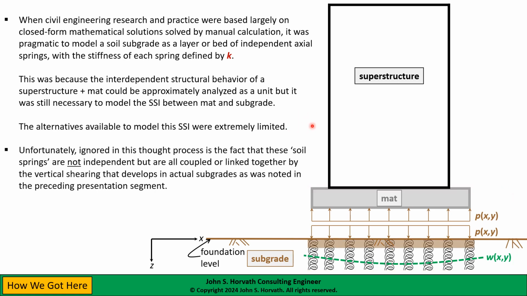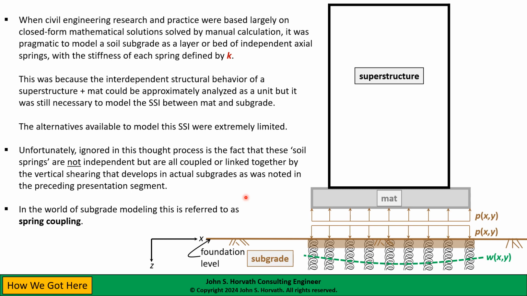Unfortunately ignored in this process of visualizing the subgrade as a bed of independent axial springs is the fact that these springs are not independent, but are actually coupled or linked together by the vertical shearing that develops within actual subgrades. In the world of subgrade modeling, this is referred to as spring coupling.